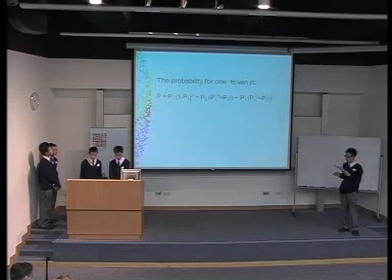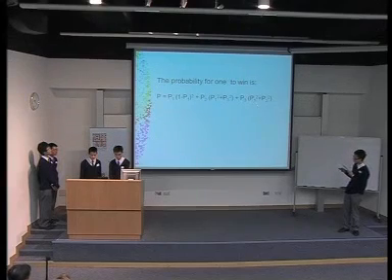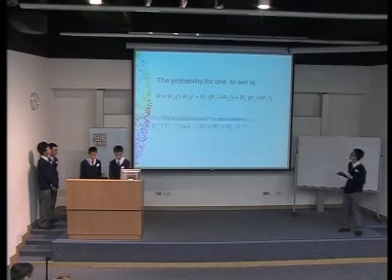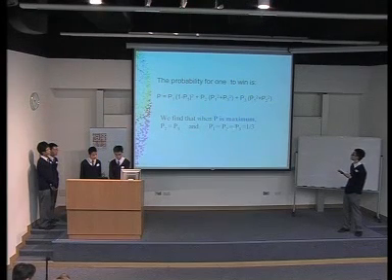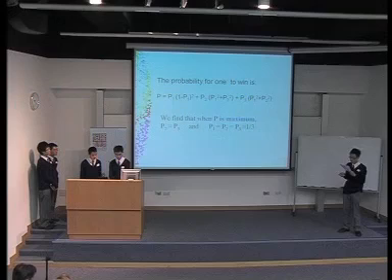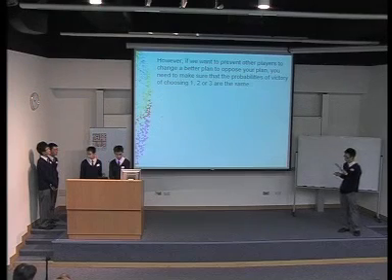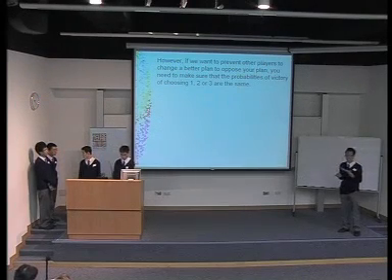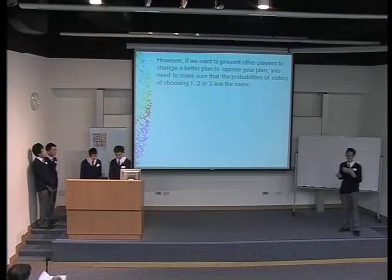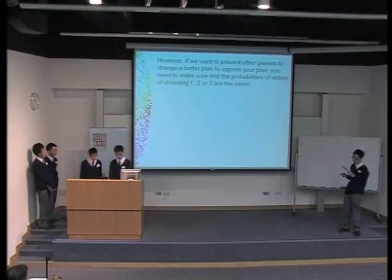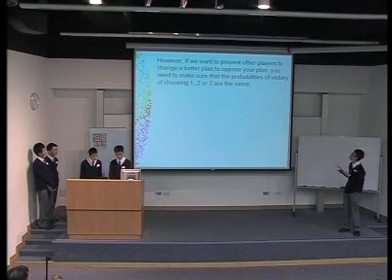And the probability for 1 to win is shown on the screen. We found that when P is maximum, P2 equals P3, and P1 equals P2 equals P3 equals 1/3. However, if we want to prevent other players from changing to a better plan to oppose your plan, you need to make sure that the probabilities of victory of choosing 1, 2, or 3 are the same.